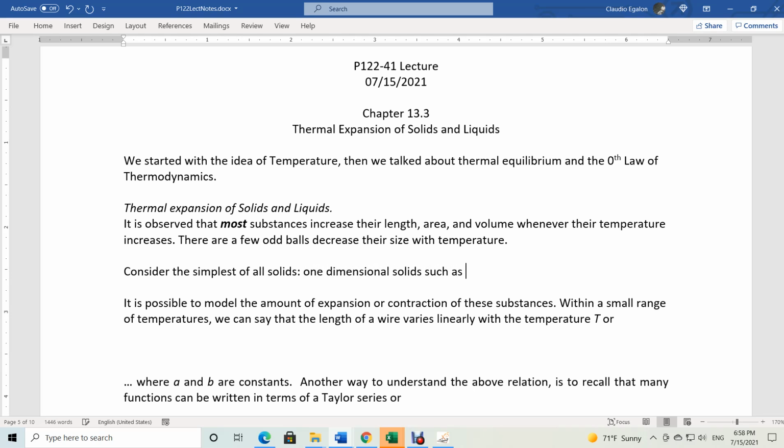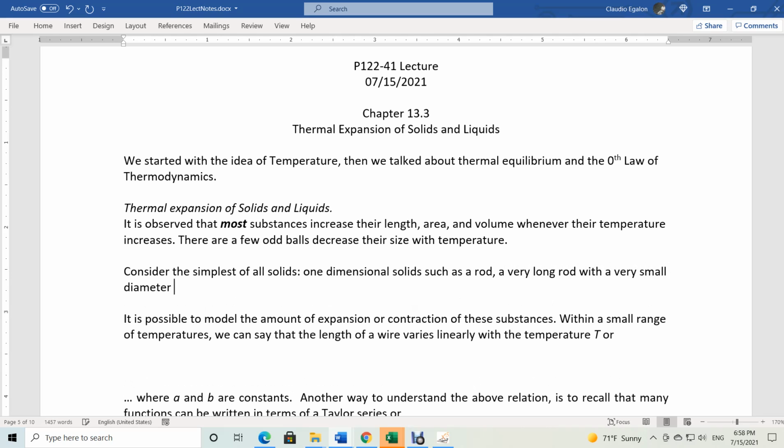Solids such as a rod, a very long rod with a very small diameter compared to its length. We're going to study what happens to a rod that can be treated as a one-dimensional solid, and then we're going to use this knowledge to expand to other solids that are two-dimensional and three-dimensional as well.